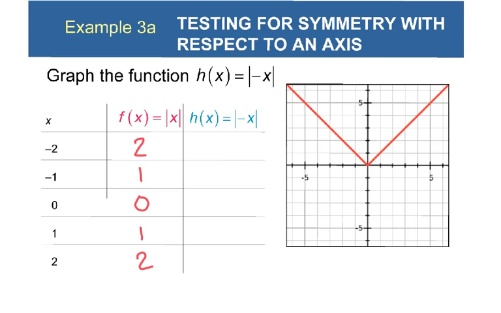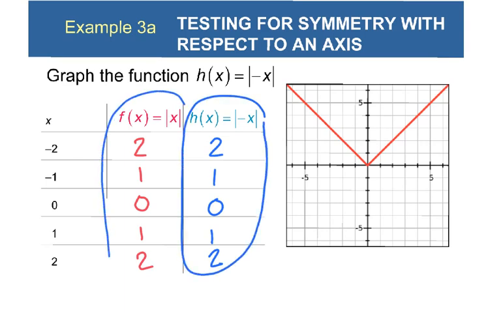Because remember, if you have a negative inside an absolute value, it's going to turn out positive anyway. So you have 2, 1, 0, 1, and 2. So if I were to graph my h of x, it's actually the same as my f of x. It's going to be the same graph. And so what we have here is symmetry with respect to the y-axis.